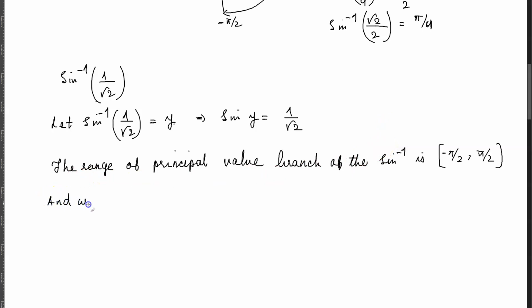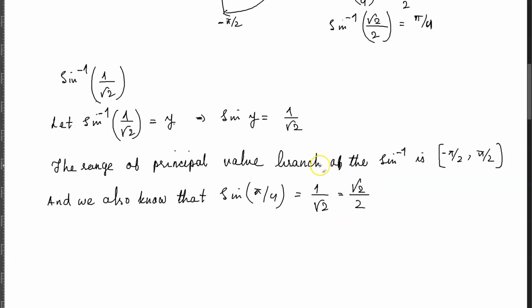And we also know that the sine of pi by 4 is equal to 1 over square root of 2, which is the same thing as square root of 2 over 2.